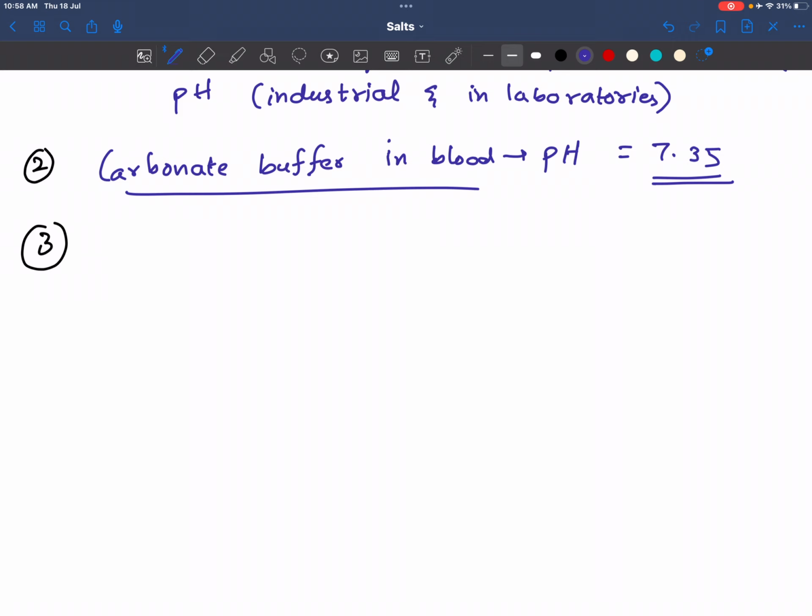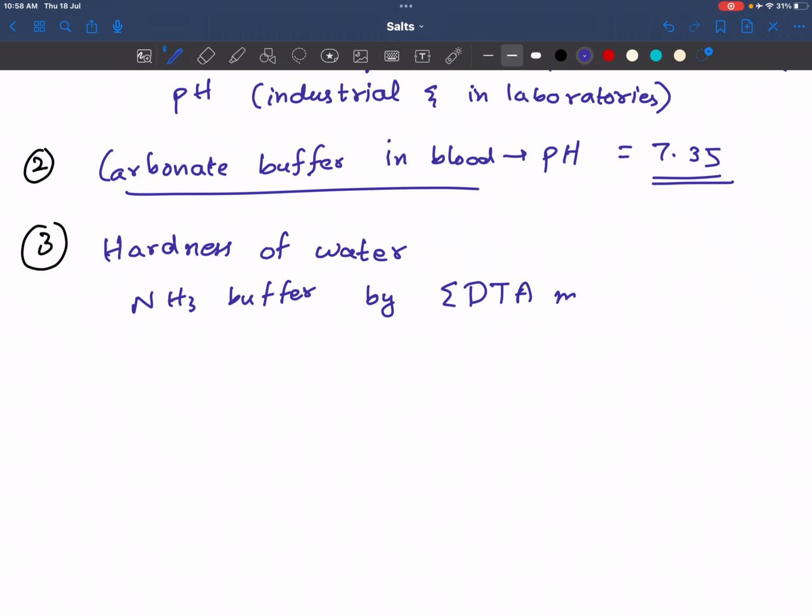Okay, the third application is hardness of water estimation. In this process, ammonia buffer is used in the estimation of hardness of water by the EDTA method.